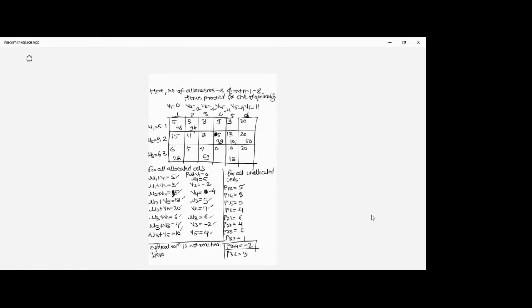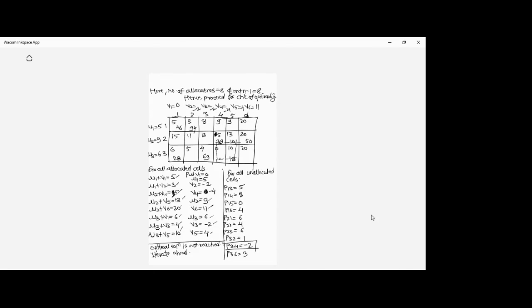Iterate ahead by doing allocation in P34, right? We'll have to do the allocation in P34. P34 is this particular cell. So the loop formation is very easy. Here you can see the loop is getting formed very easily.